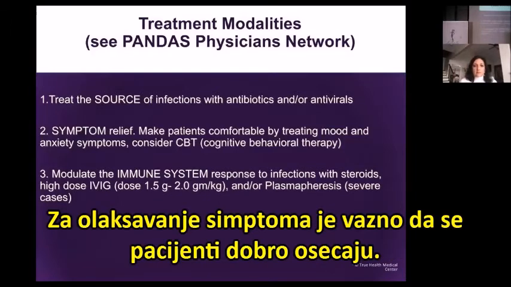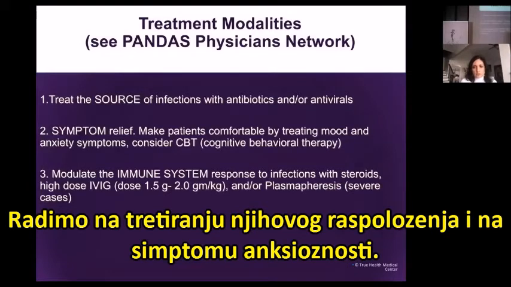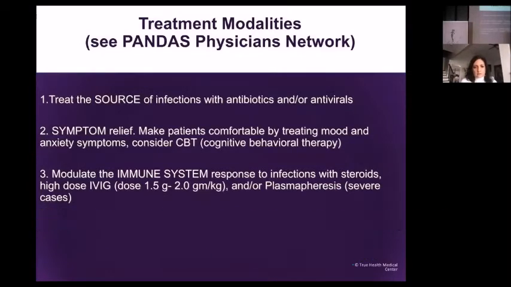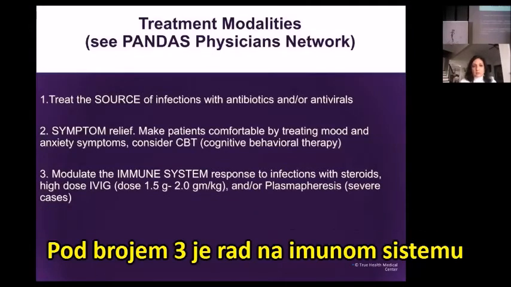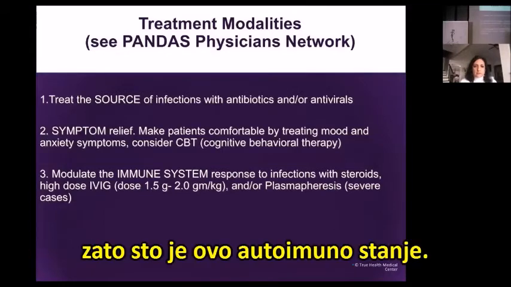For symptom relief, we want to make patients comfortable. So we want to work on treating their mood and anxiety symptoms. And often these patients do well with something called cognitive behavioral therapy. Number 3, we want to work on the immune system because this is an autoimmune condition.